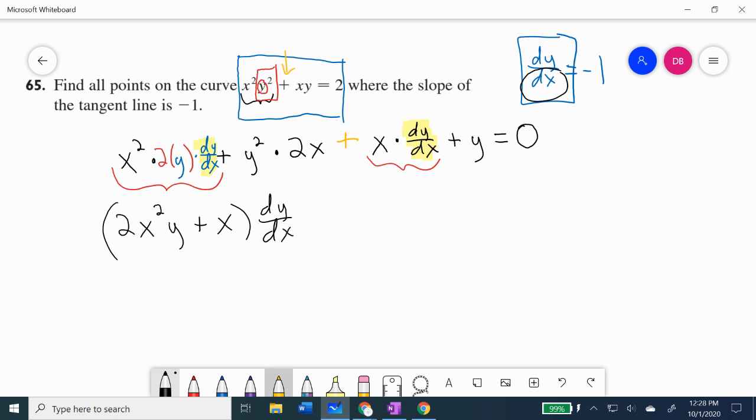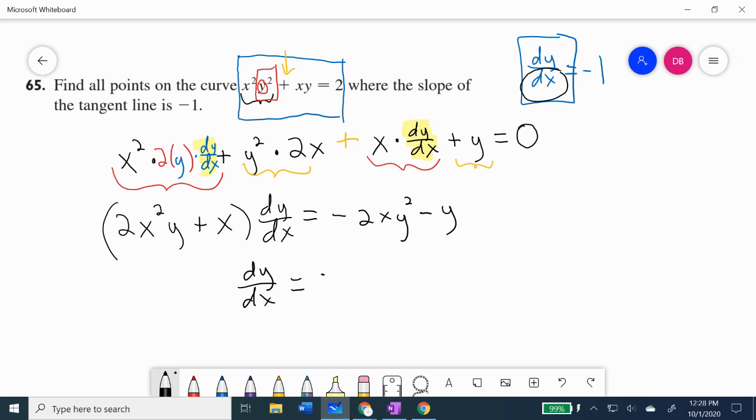And then I'm going to take these two and I'm going to subtract them to the other side of the equation. So I have minus 2xy squared minus y. And then I'm going to divide and I will be done.